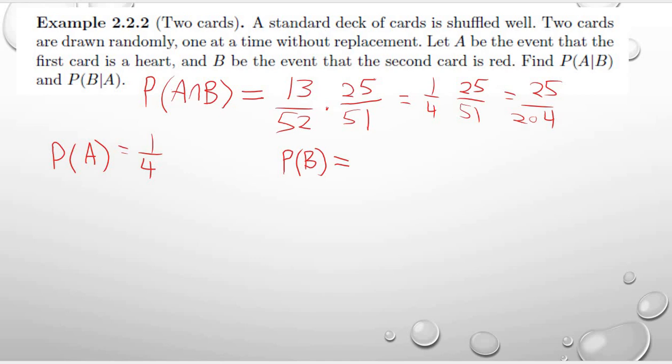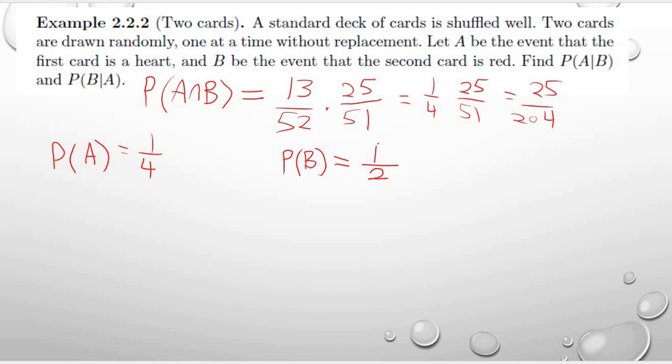So my probability of B here basically can ignore all of that, and since we have no idea what happened with the first card, my probability of getting a second card that is red is simply 1/2 by symmetry. So you might be tempted to take away that first red card, but we have to make sure we don't do that.